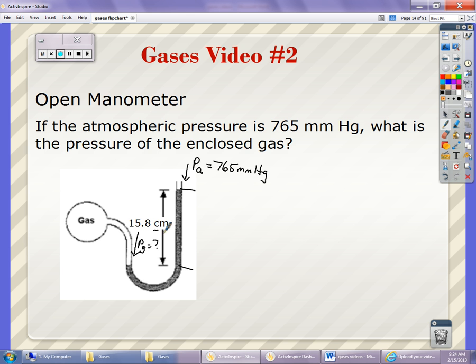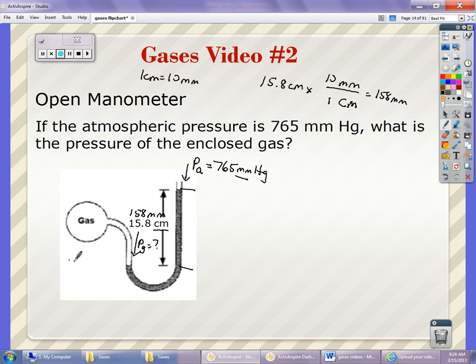Now right here, centimeters, millimeters, not the same unit. We want to convert. So 15.8 centimeters times, the units have to cancel, and we know that 1 centimeter is equal to 10 millimeters. So this becomes 158 millimeters.